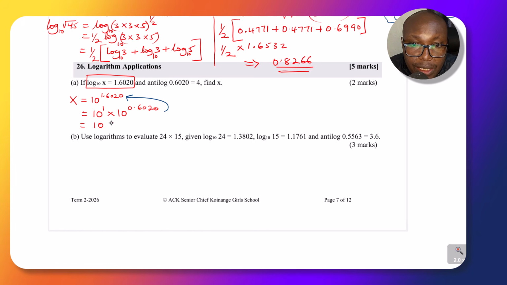We have 10 times, and since we are given the antilog of 0.6020 to be 4, if you want to get the antilog of these, the antilog of these will give us 4.